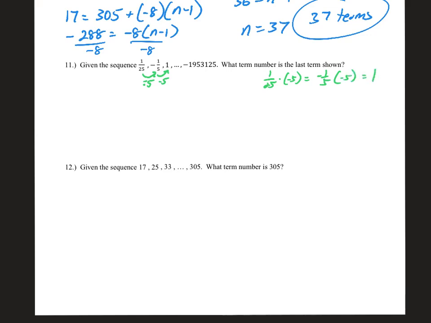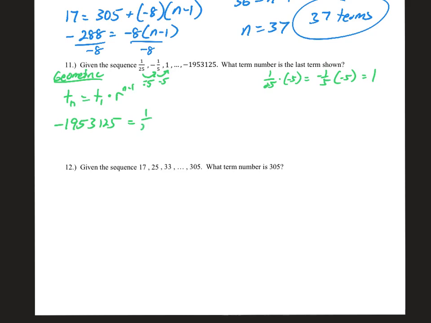Now, it says what term number is the last term shown? So we're going to do the same thing we did previously. We're going to use that formula for finding terms for a geometric sequence, now that we know that this is geometric. And so we know that our nth term is negative, wow, that's a big number, 1,953,125, and it's negative.